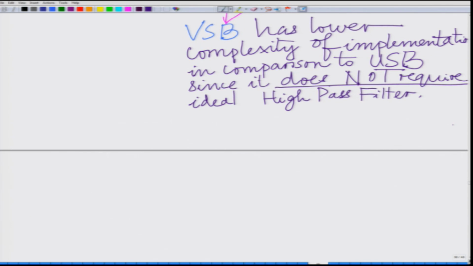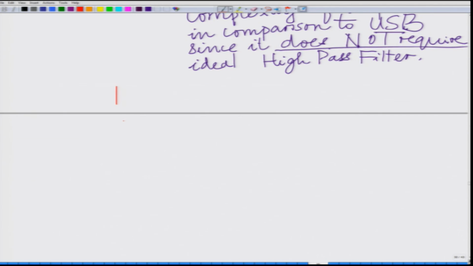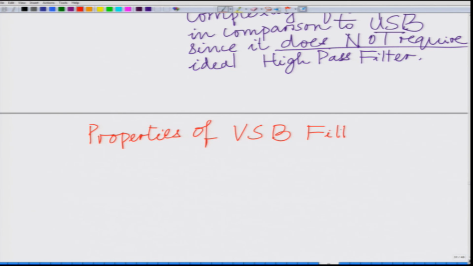Now let us look at the properties of the VSB filter.